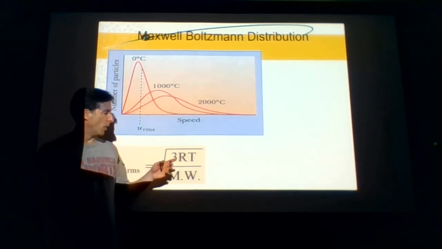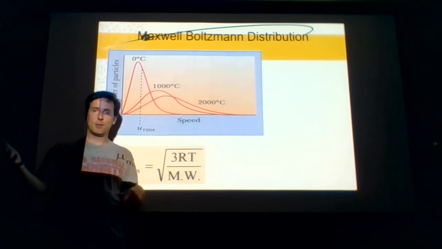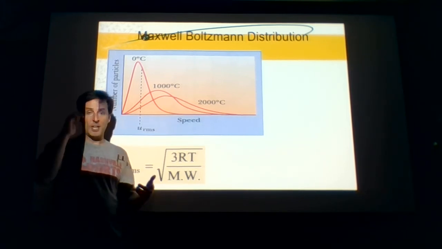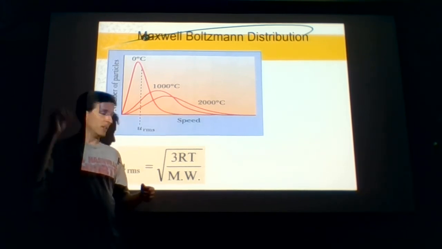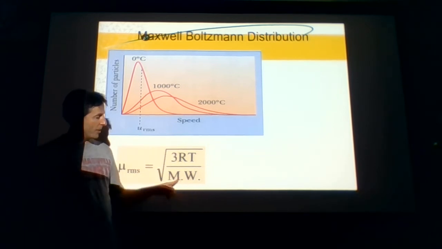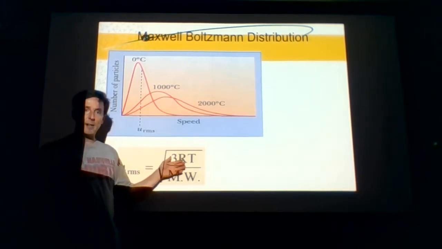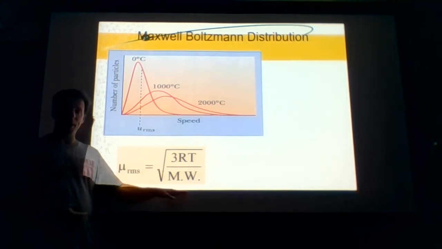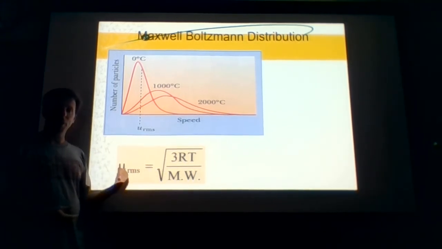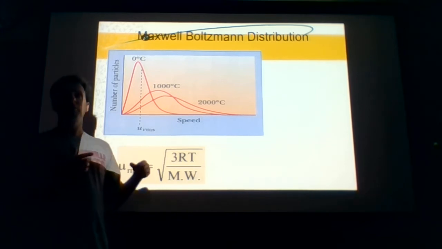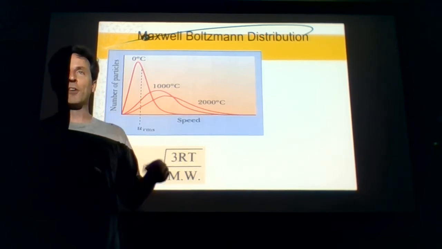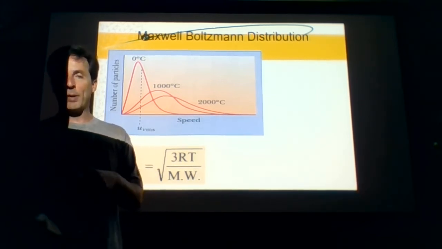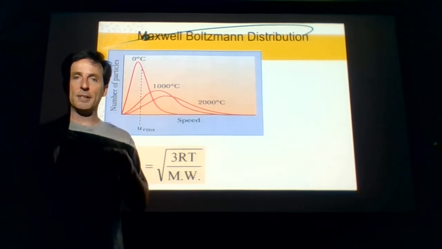Well, oxygen is a heavier molecule than nitrogen. With a higher molecular weight, when I divide by a bigger number, my result gets smaller. So the speed of a molecule is inversely proportional to the molecular weight. As the molecule gets bigger, the speed gets smaller.